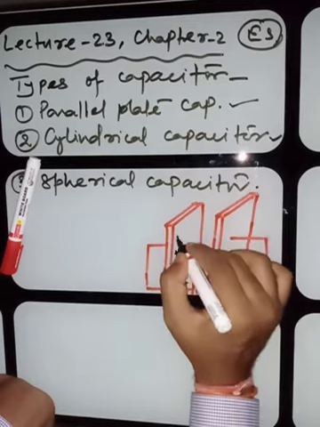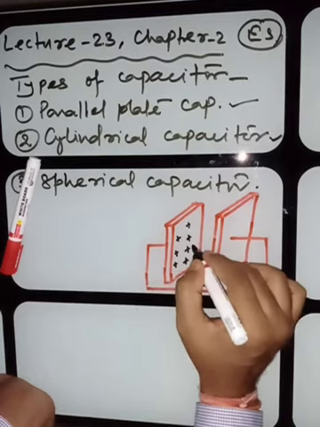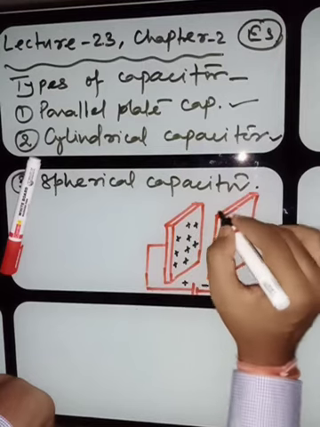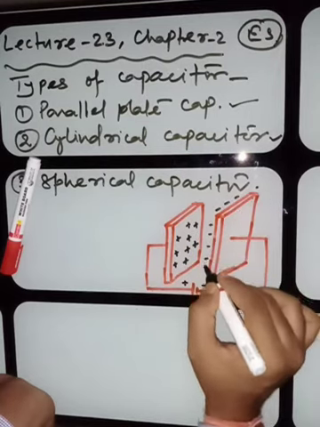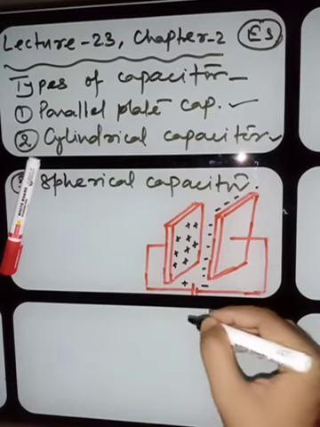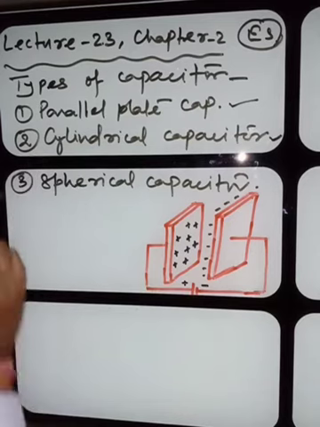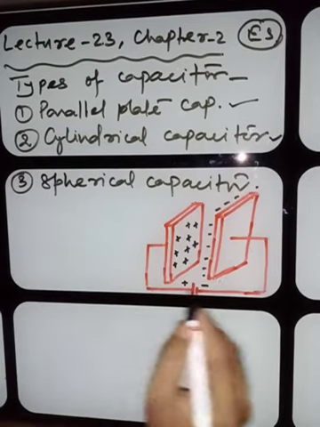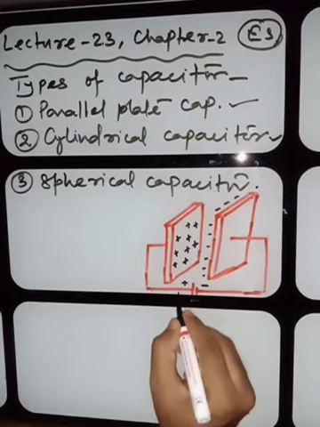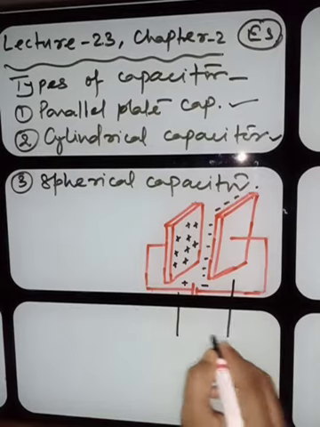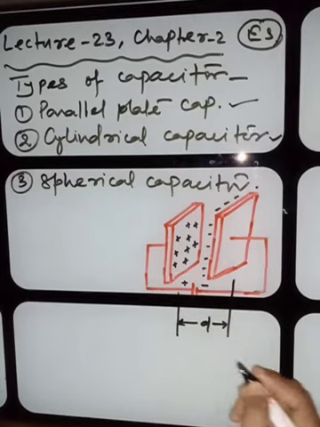Positive charge will accumulate over here and the negative charge will be deposited on this face of the plate. Here, what are the things we'll have? The important thing, d will be the separation between these two plates. If these are the two plates, so this is the separation between the two plates.